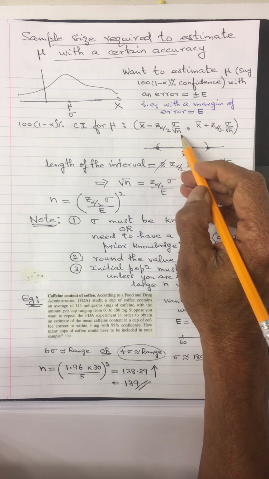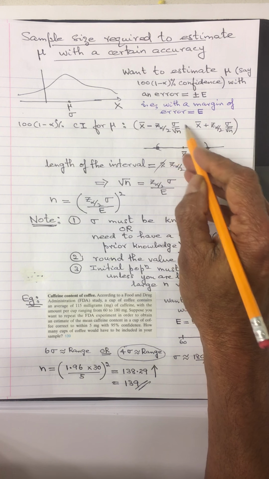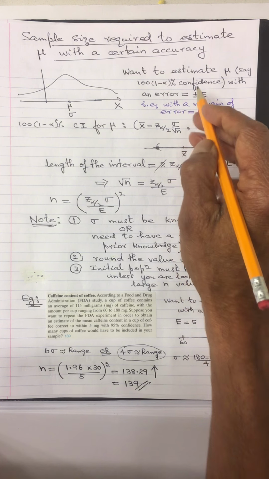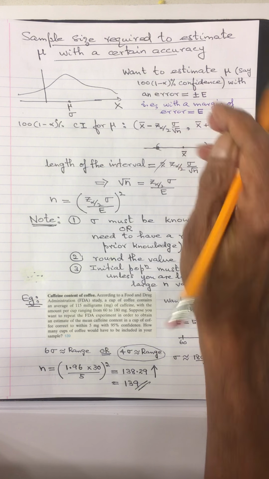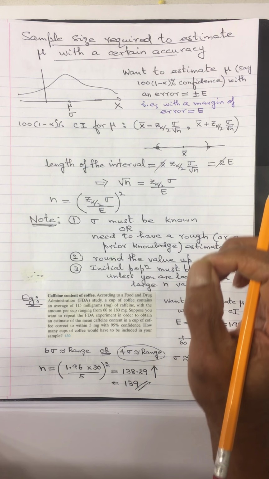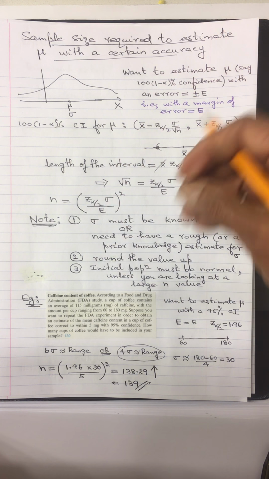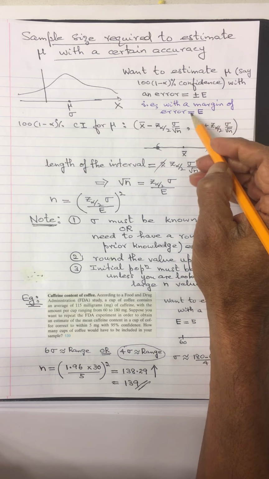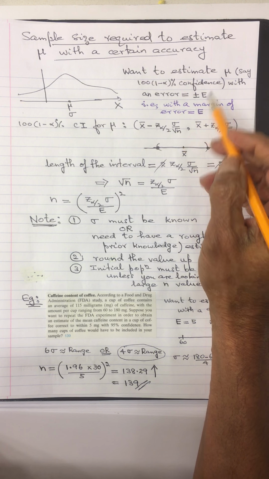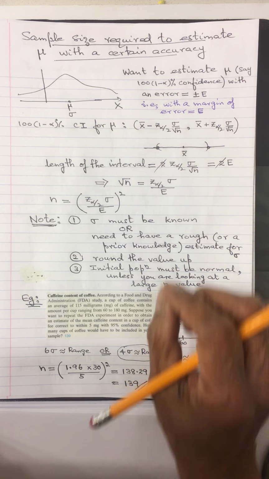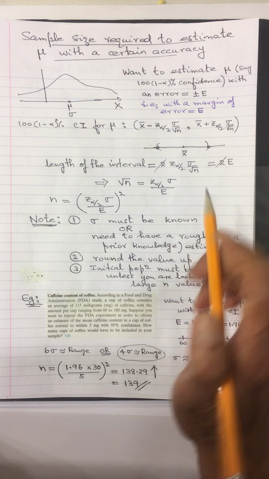So by increasing the sample size, you can always achieve the accuracy you want. That's what we are trying to see. You know the accuracy you are looking at in advance, and by increasing the sample size, you can achieve that goal.